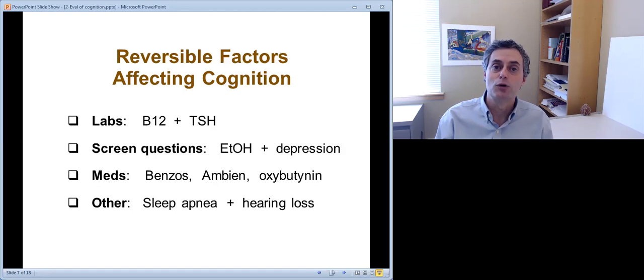I got back the beautiful 30-page report from the neuropsychologist that went through all the batteries of tests that they ran the patient through. And at the very last paragraph of that 30 pages, the very last couple of lines were, so this person does for sure have cognitive impairment, but he probably would be much better off if he didn't drink a bottle of wine every night.